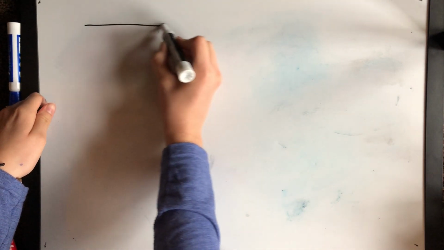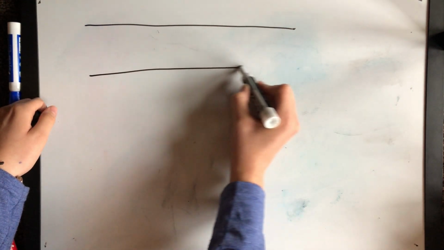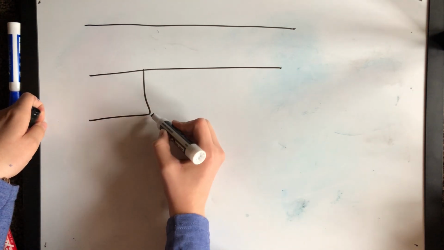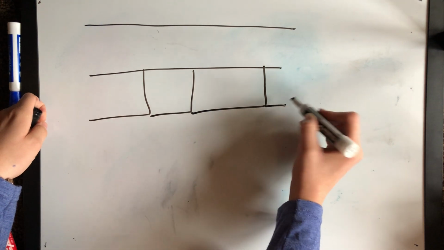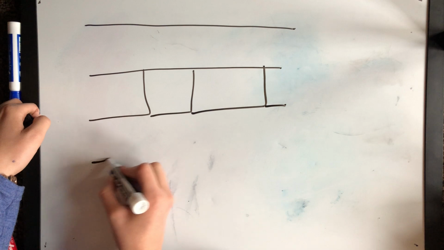So just draw along with me. So this is your lumen. Okay, we'll label it. These are your enterocytes. And then this is your bloodstream.